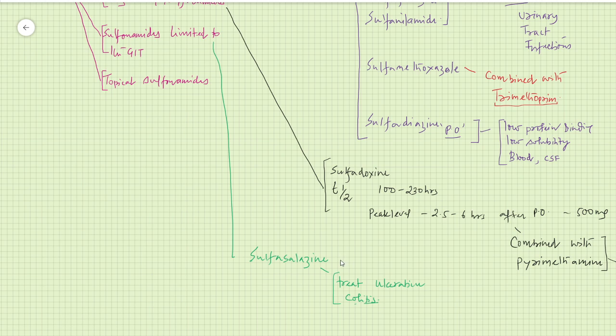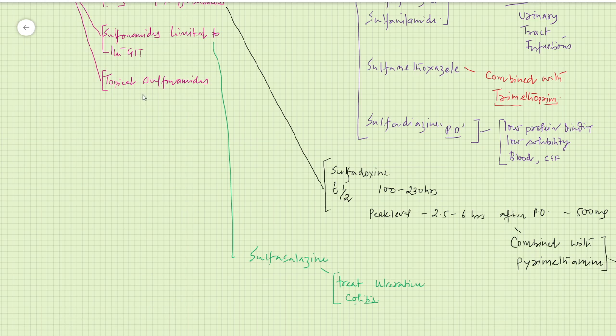So just to remember that this drug gets degraded by the normal intestinal flora, and it gets converted to an anti-inflammatory component, and that component is basically used for having an effect in this inflammatory condition. Okay, so we'll talk about this again.